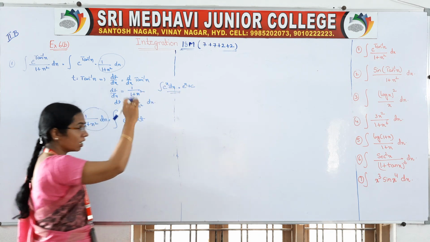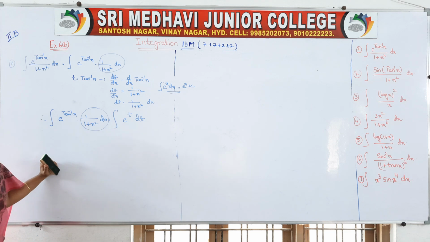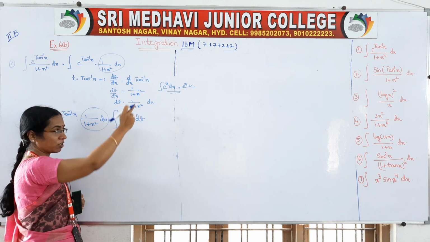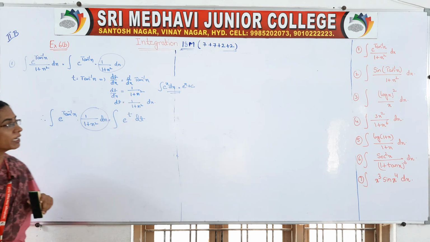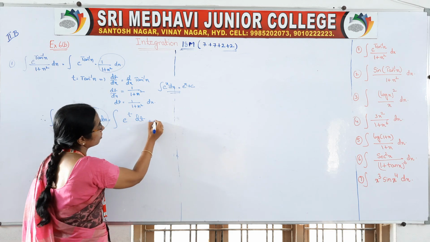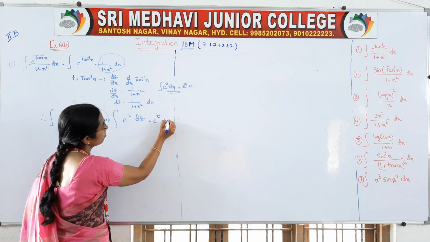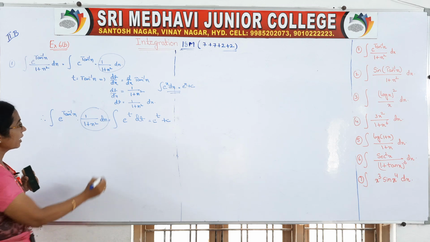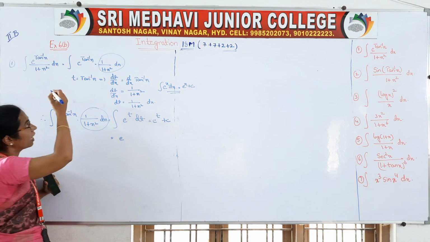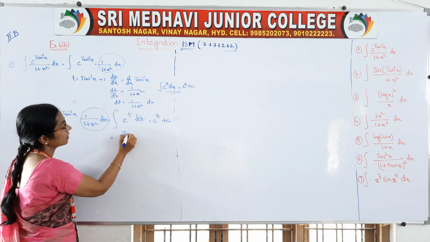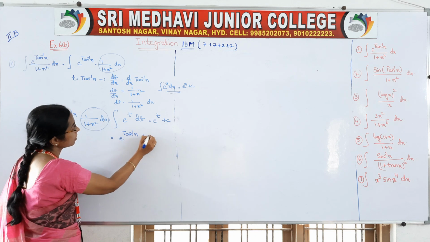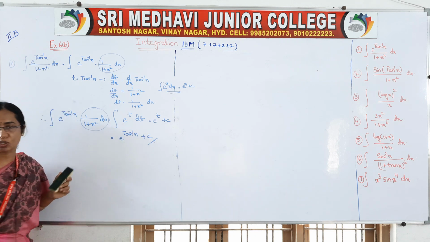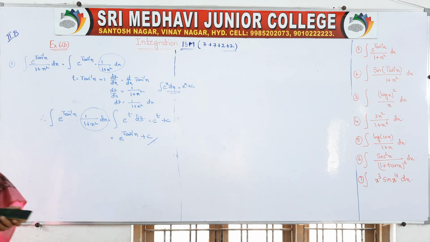I said all our standard formulas are taken in terms of x, but it is a general value; instead of x we can have any value. There it is with respect to x, here it is with respect to t. So apply the formula: it is e to the power of t plus c. At the end we have to substitute that t value. We have taken t as tan inverse x. I said the answer should again be in terms of x only. So this is your answer: e to the power of tan inverse x plus c.